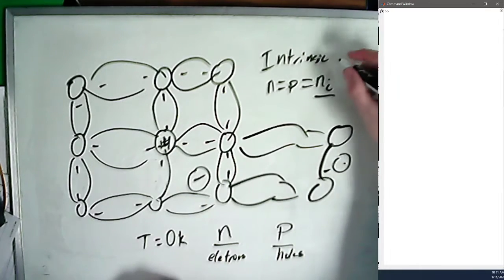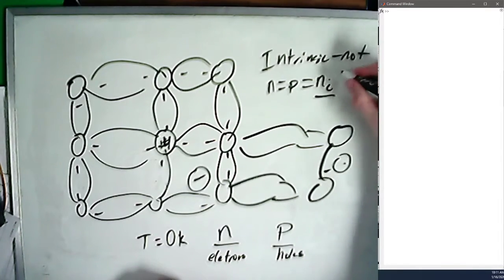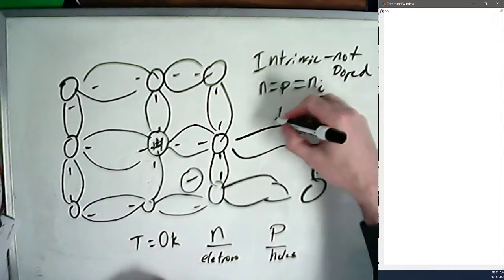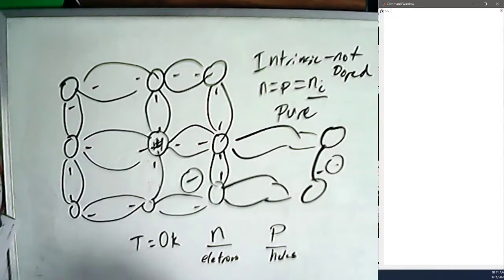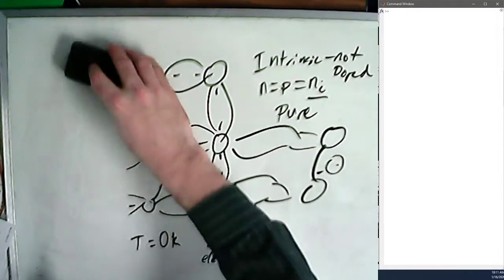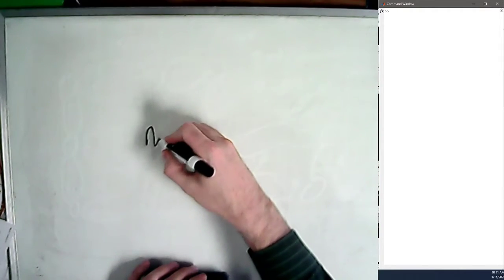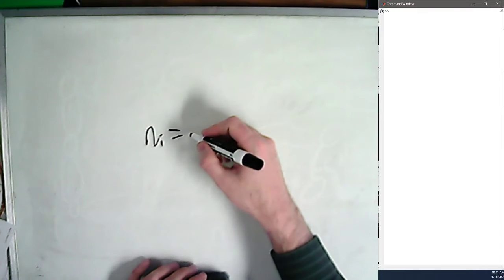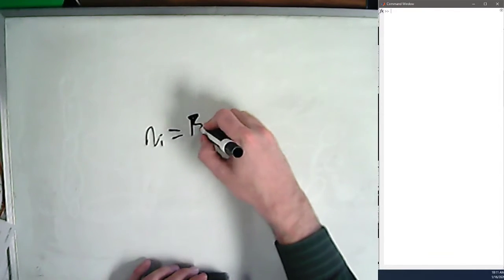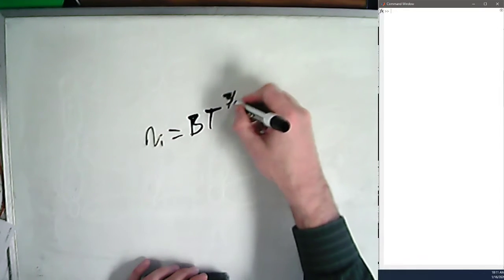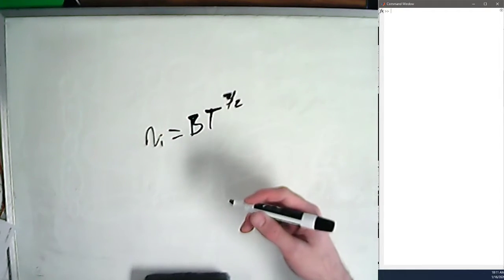silicon. Intrinsic means not doped, means pure. Pure silicon, perfectly latticed. And we can calculate this. Not surprising, temperature is going to be a factor. But Ni is equal to B times T, which is the temperature, to the 3/2, however that comes out.